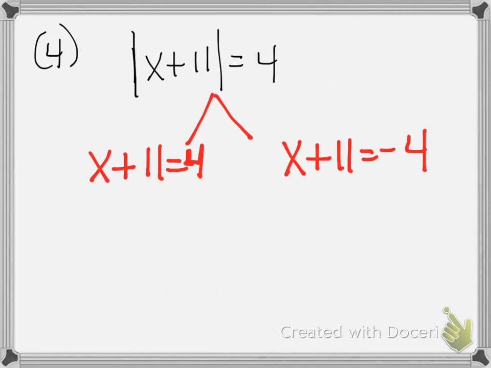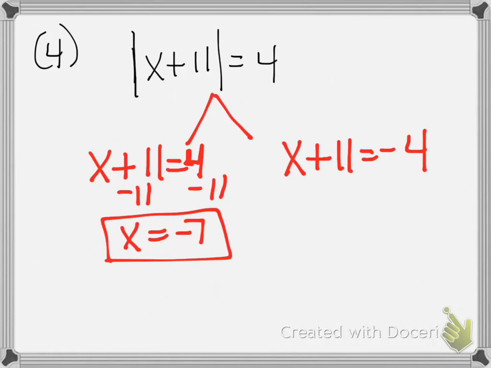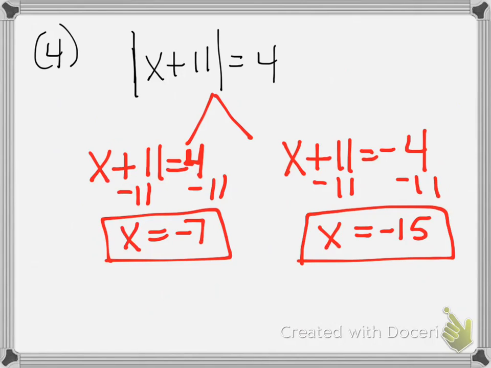So we're going to just solve each of these equations. -11, -11. So x equals 4 minus 11, which is -7. There's one solution. On the other equation, I'm going to subtract 11 and subtract 11. So x equals -4 minus 11, which is -15. And there are your 2 solutions.